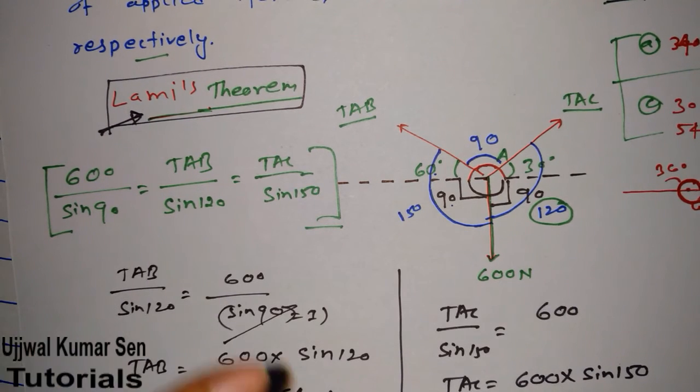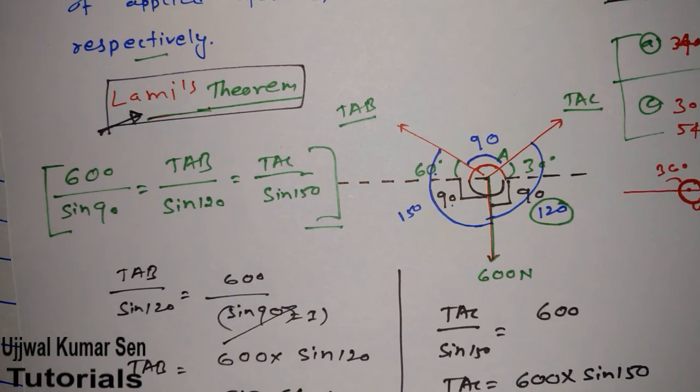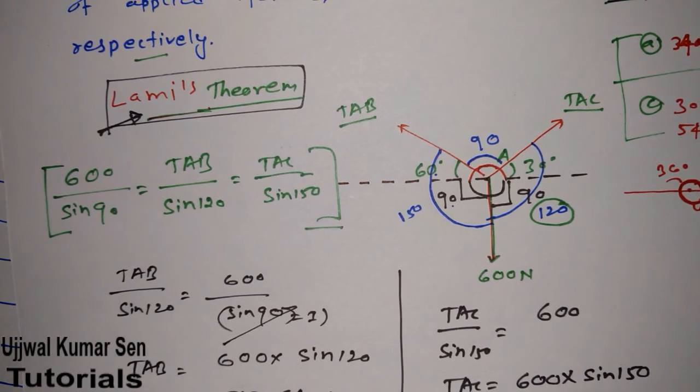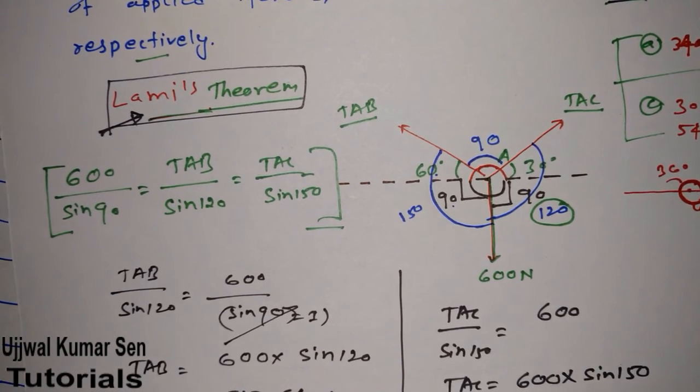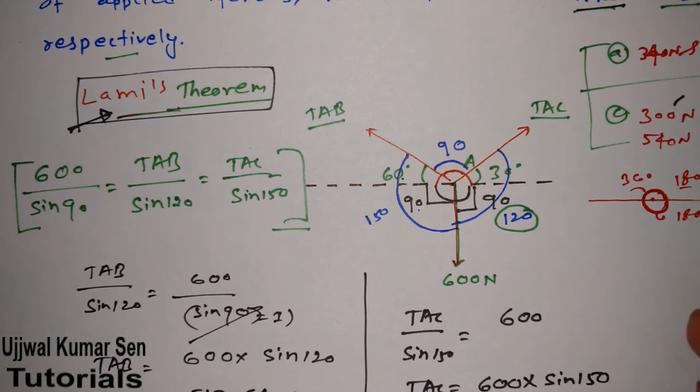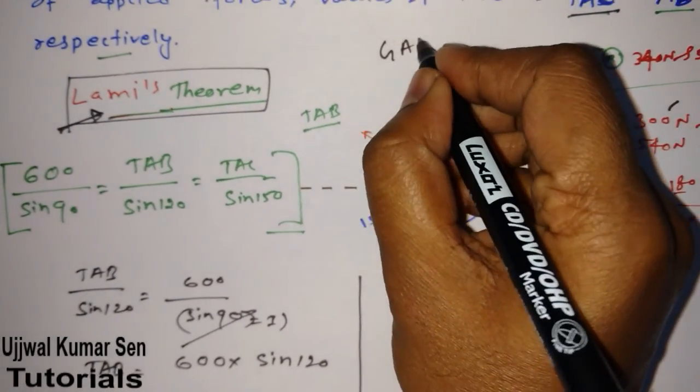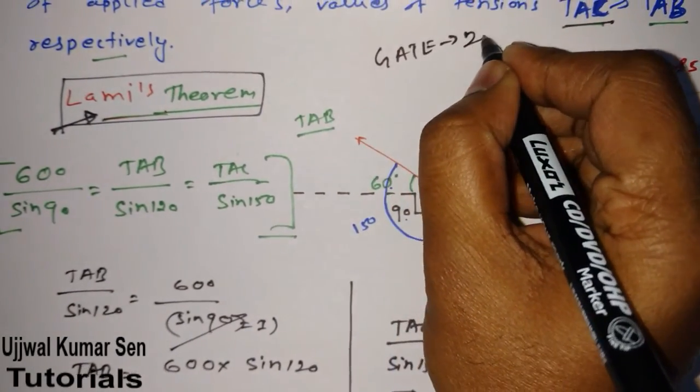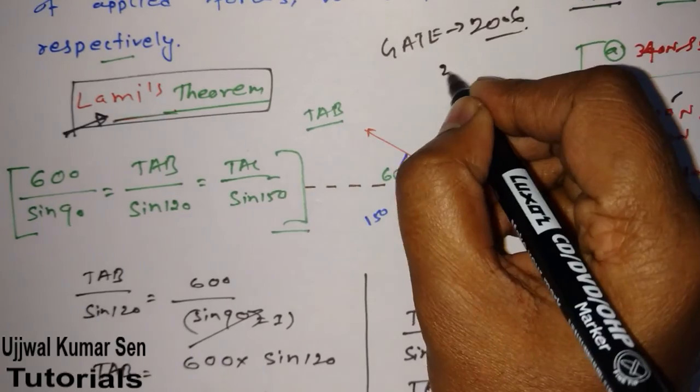But yes, after watching this video, I hope you come to know how to apply Lami's theorem to solve a numerical problem like this. Okay, so this is about the GATE examination, and this question has been asked, I think, for 1 or 2 marks. I don't know how many marks. Yeah, it has been asked for 2 marks. In the GATE examination, this numerical was asked for 2 marks in 2006.